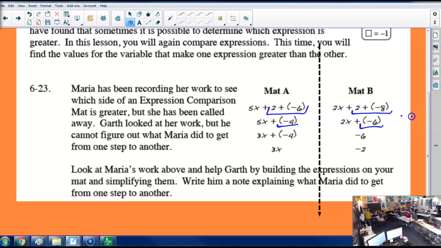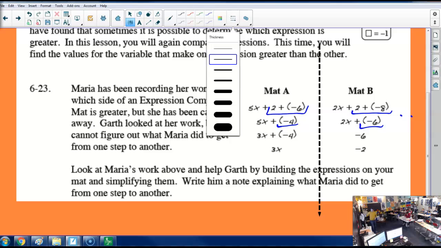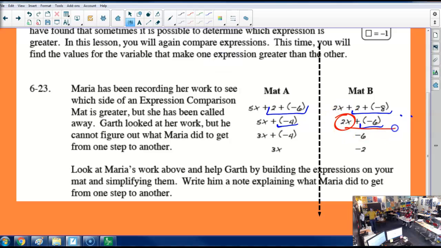What's missing when I go from here to here? What has changed? Yeah. So guys, if we were drawing this out on a mat, we would have circled the 2x and drawn an arrow out. But algebraically, we do minus 2x. So if you want to write that out, that's probably a good idea.